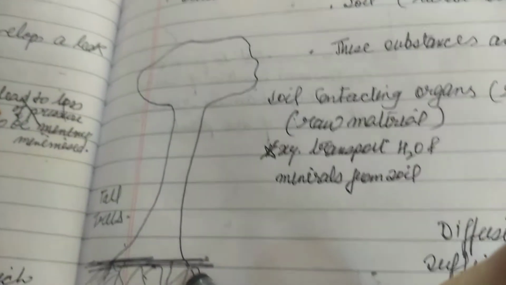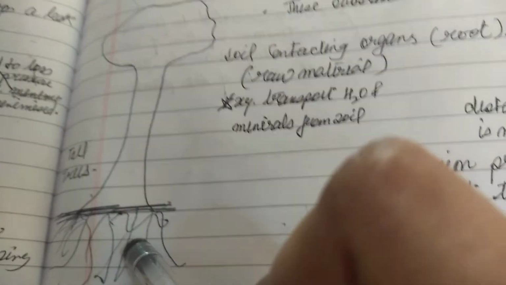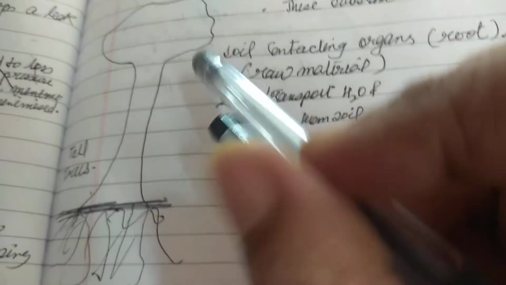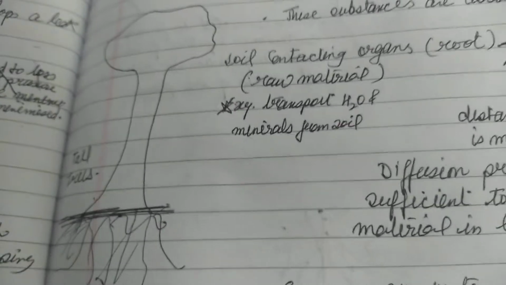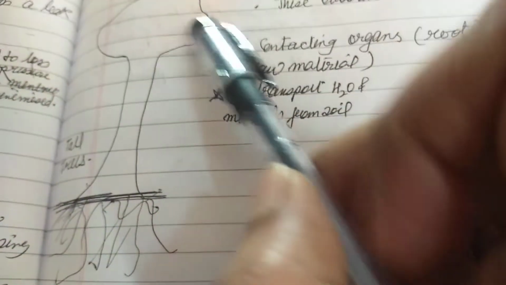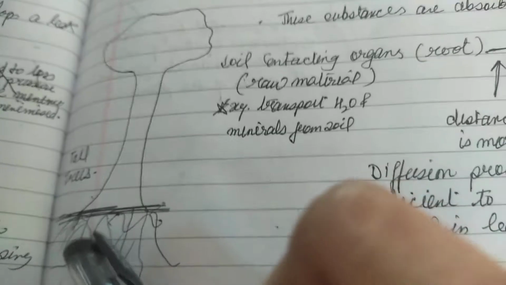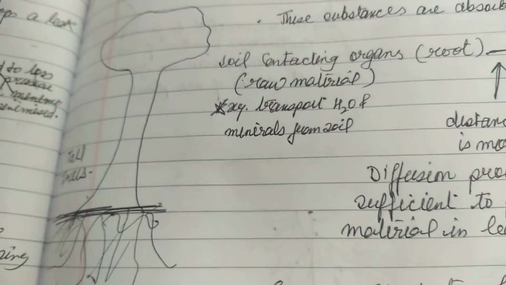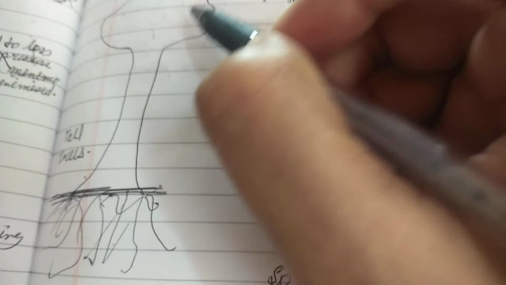But in case of tall trees, the distance between the root and the leaves is too much. So see the distance from root to the leaves. Here are the leaves where the main photosynthesis occurs.